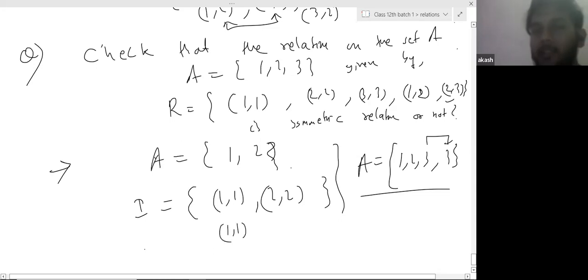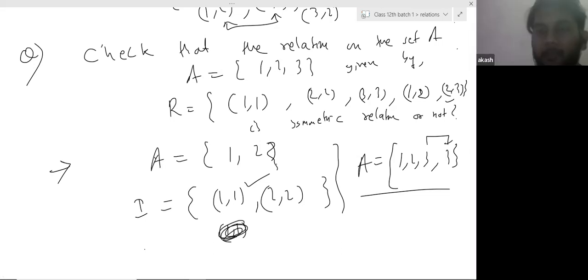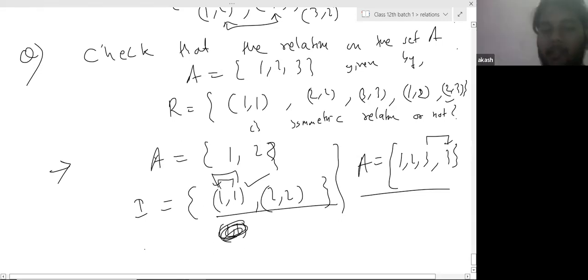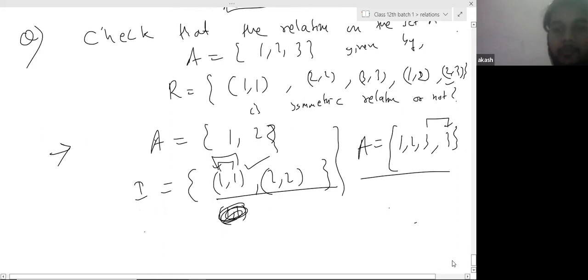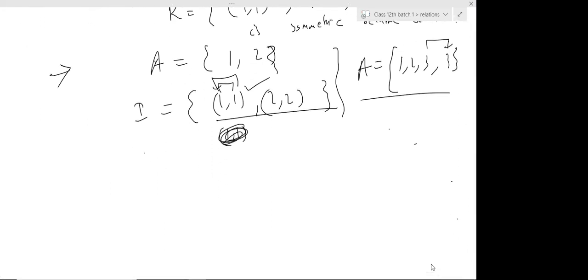You can write (1,1) any number of times, but the resultant set would be this only, right, Krishna? Yes, sir. So is it clear now? Yes, sir. Got it. So (1,1) is there and (1,1) is there. So this is a symmetric relation. Everyone clear about this? Yes, sir. All right.